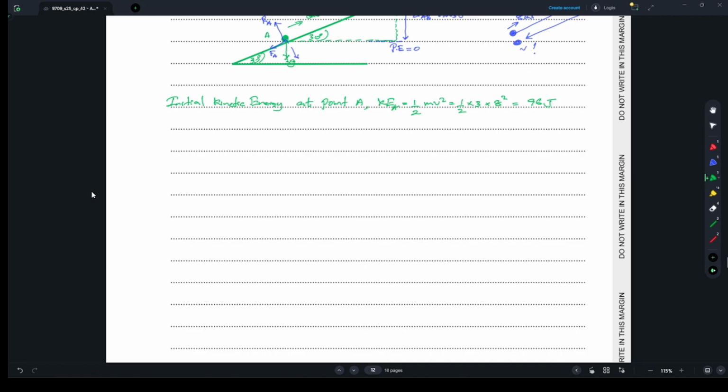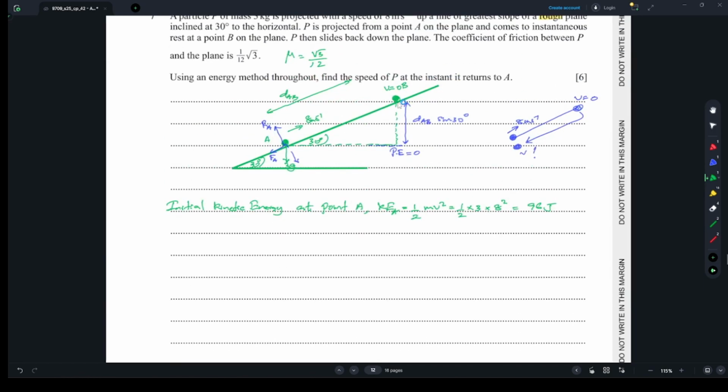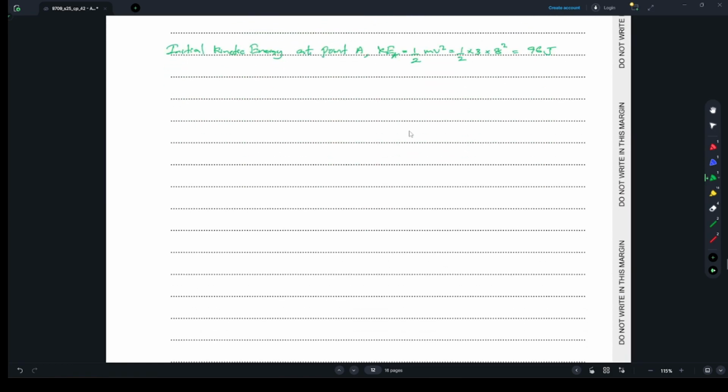Okay, what else? Then we reach this point B. So we can write the potential energy, because at the level of A we consider potential energy 0. So at point B, we have a potential energy. So I can write potential energy at B. So we can write mgh.